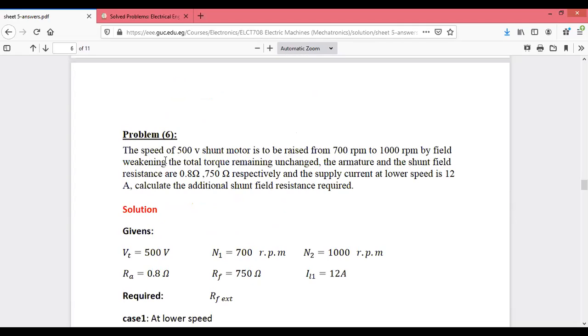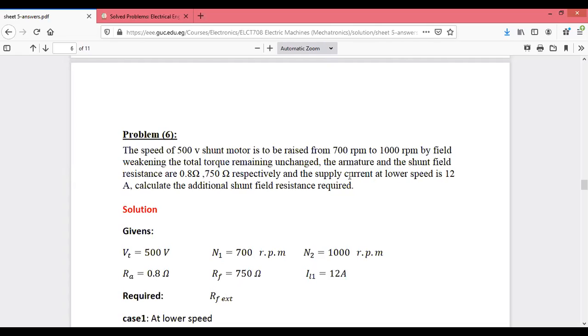It means you are weakening the field winding. The total torque remains unchanged. So again you will get T1 equal to T2, that is phi 1 Ia1 equal to phi 2 Ia2. Here the armature resistance is Ra and the shunt field resistance is Rf.